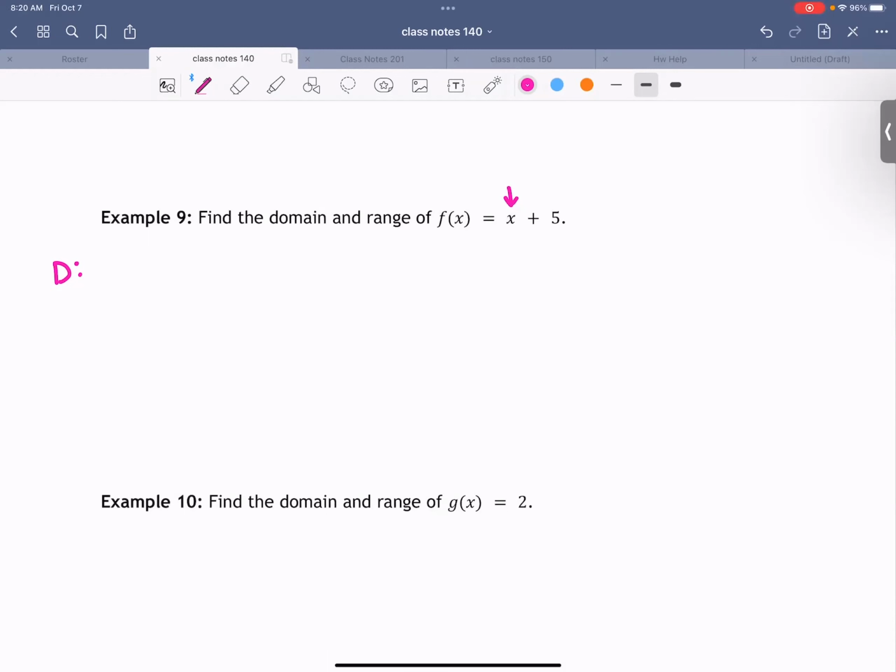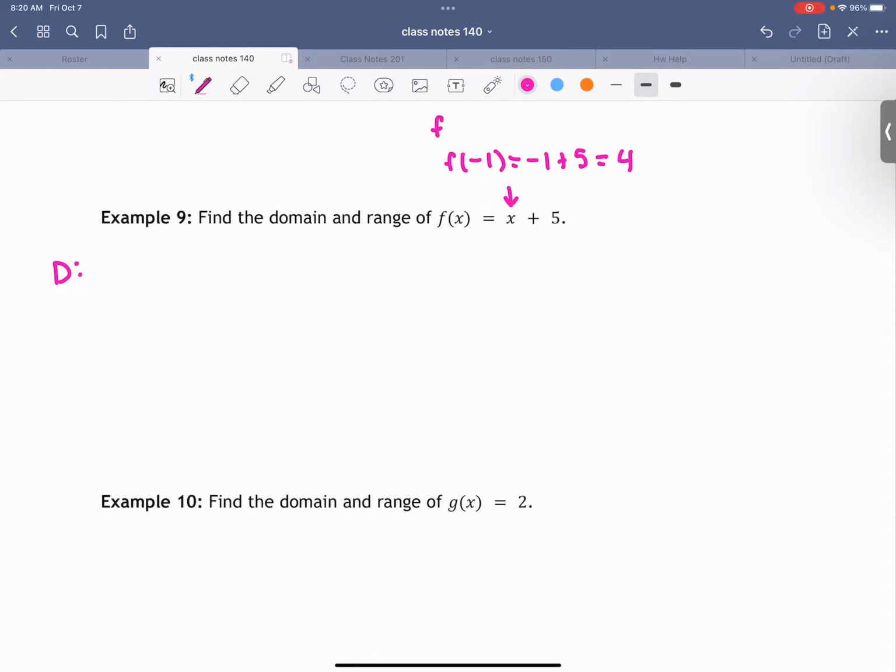Can I plug in like 1? Yeah, it'd be 1 plus 5, which is 6. Can I plug in negative numbers? All right, let's try it. We can plug in f of -1. That'd be -1 plus 5, and it'd give us 4, which is a normal number. Okay, so it looks like negative numbers work. Can I plug in decimals?